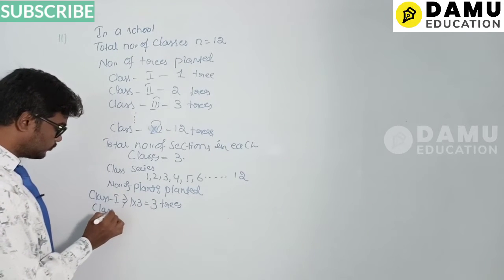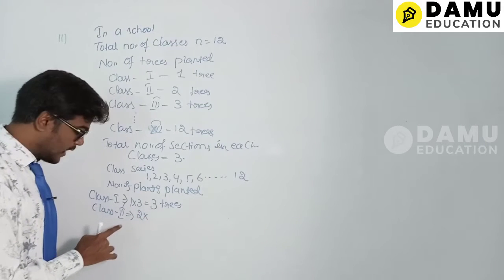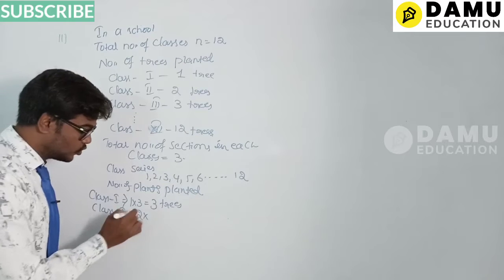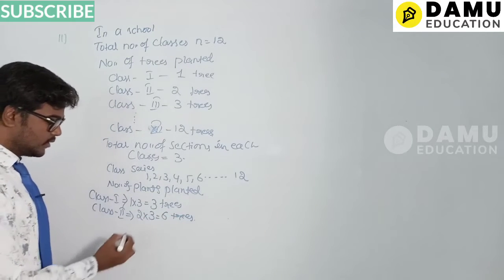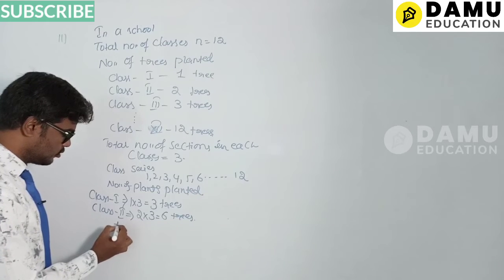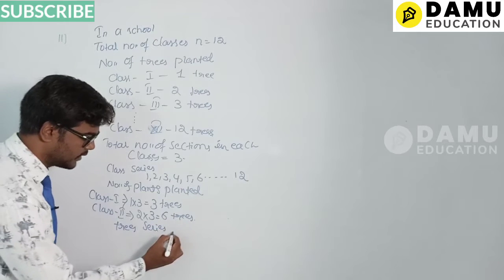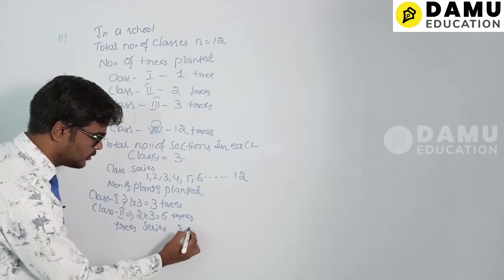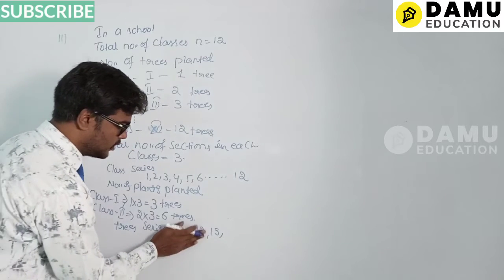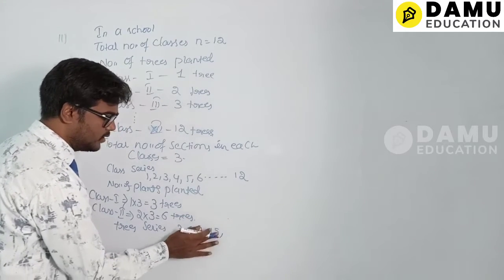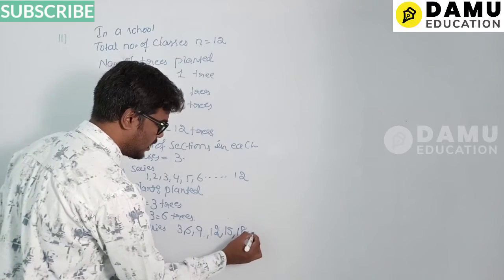Class 2, two plants, so 2 trees into 3 sections, that is 6 trees. So the total series is 3, 6, sorry, here 9. So third class 9, fourth class 12, 15, again 18, and so on.